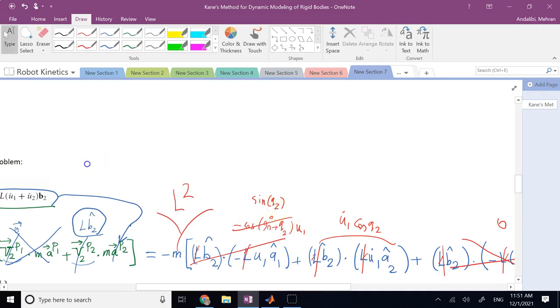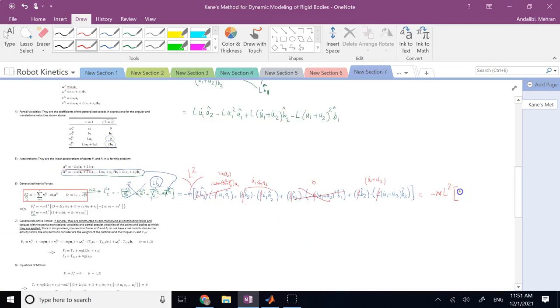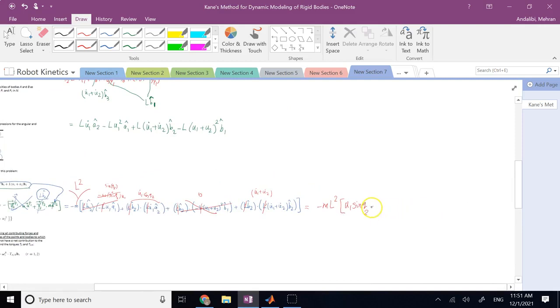So it becomes U1 sine Q2 plus U1 dot cosine Q2, and then plus U1 dot plus U2 dot. Or you can factor these two out to say U1 dot times 1 plus cosine of Q2.